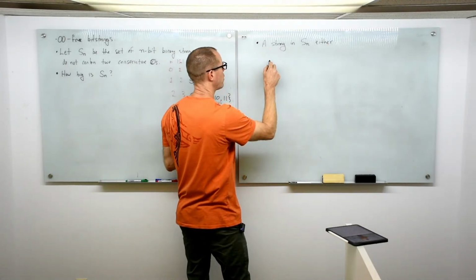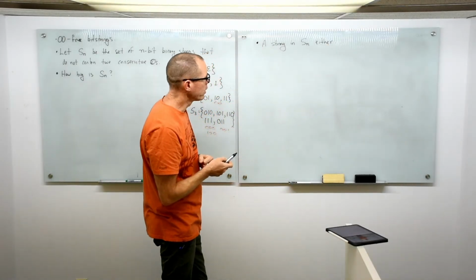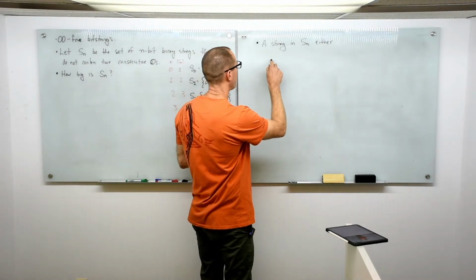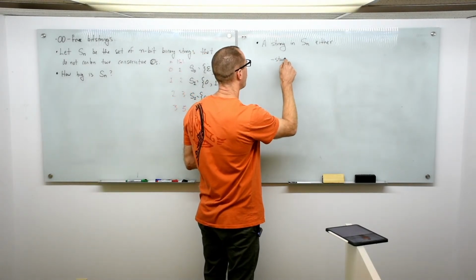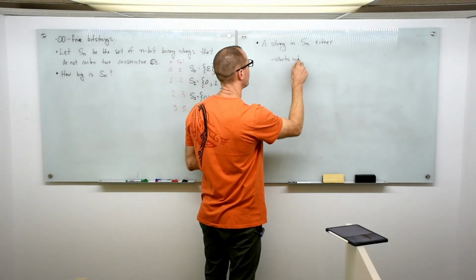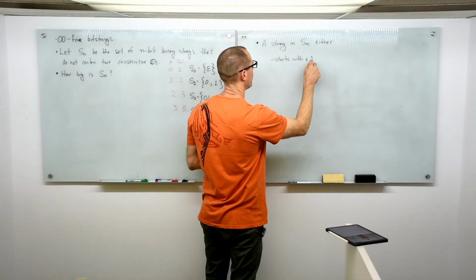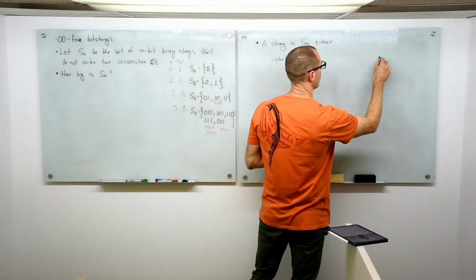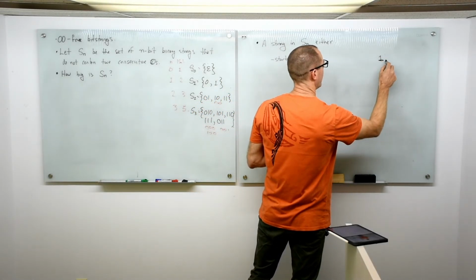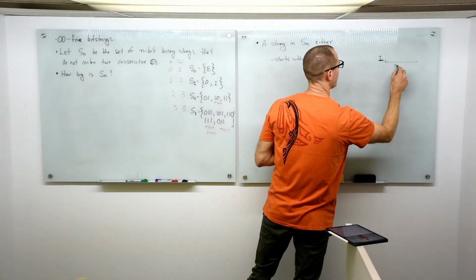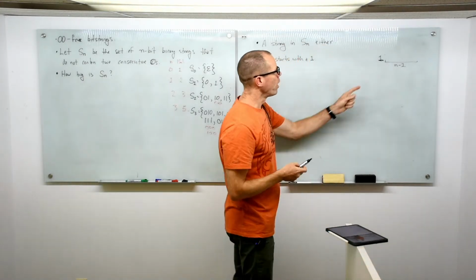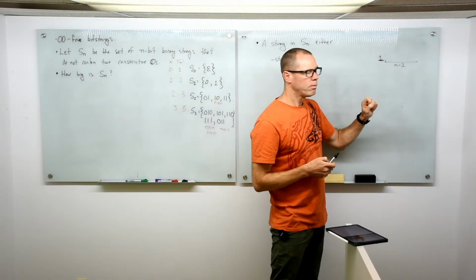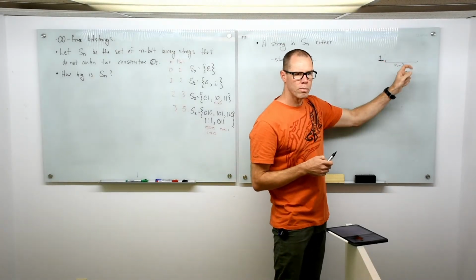Here's what a string in S of n can look like. It starts with a 1, and then there's n minus 1 other positions in this string.